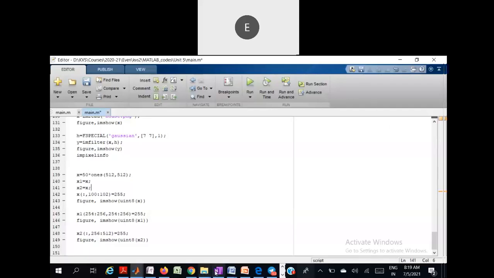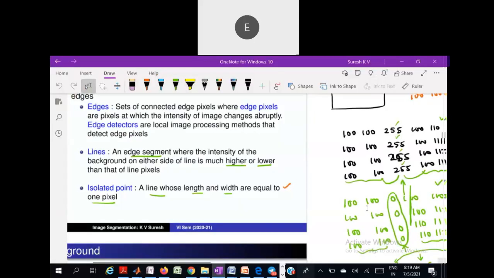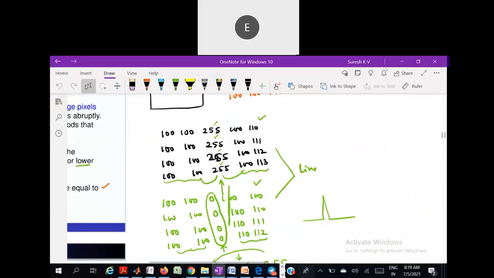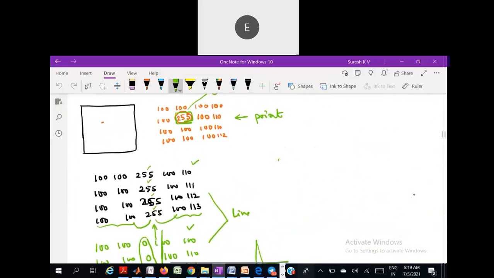Let me go to OneNote. It will be something like this. So all these values are 50, 50, 50, 50, etc. All of them. These values are 50.